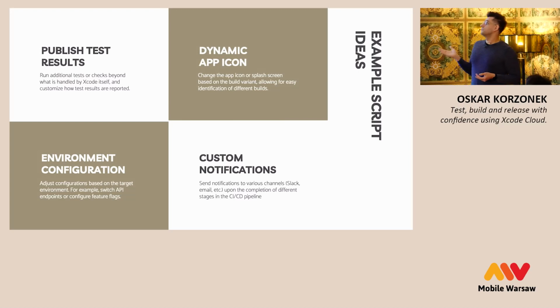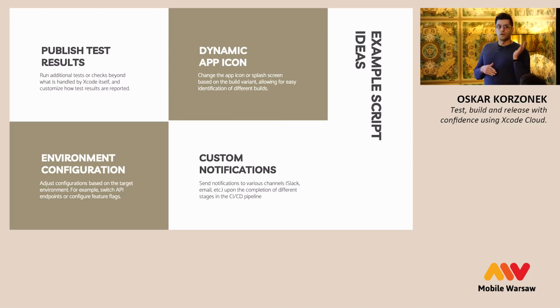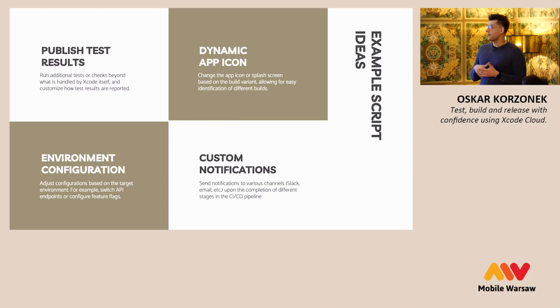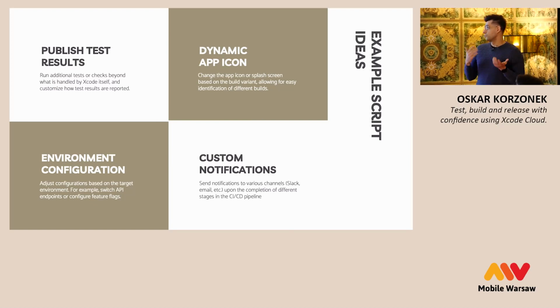If you want to change your app icon because you want to have the name of the environment or maybe a version number on the icon, so you can easily distinguish different environments on your phone.